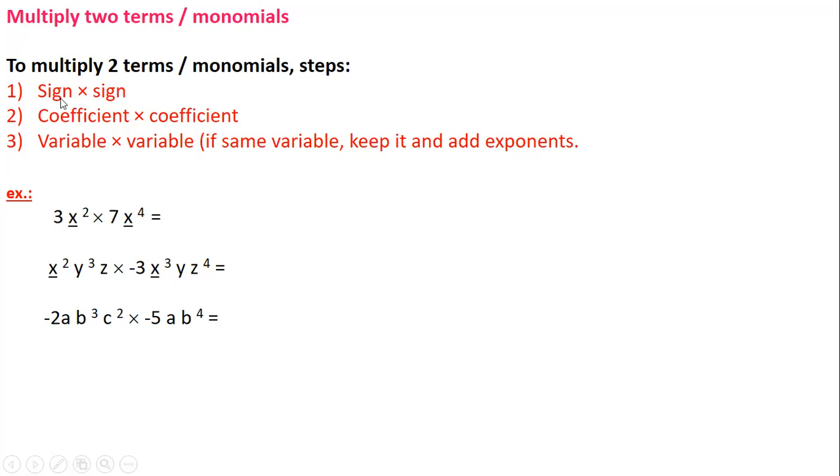First, we multiply the sign times the sign, then the coefficient times the coefficient, then the variable times the variable. If we are multiplying same variables, we keep the variable and we add their exponents. For example, I will write an example here.